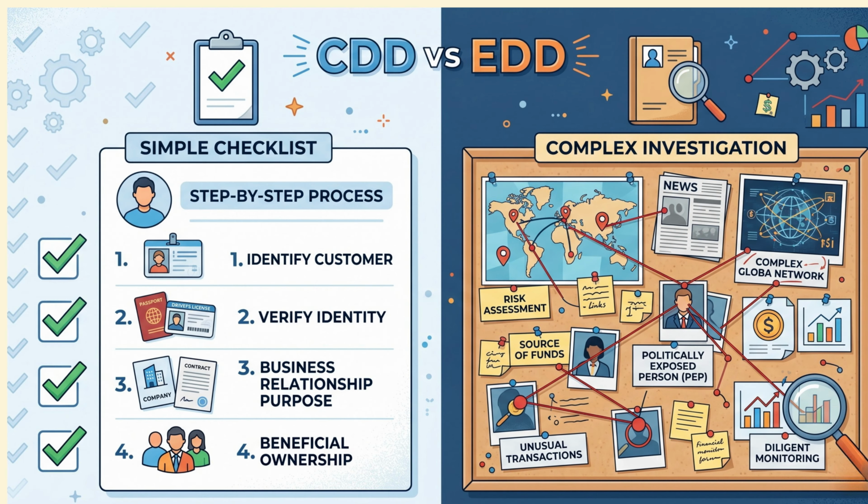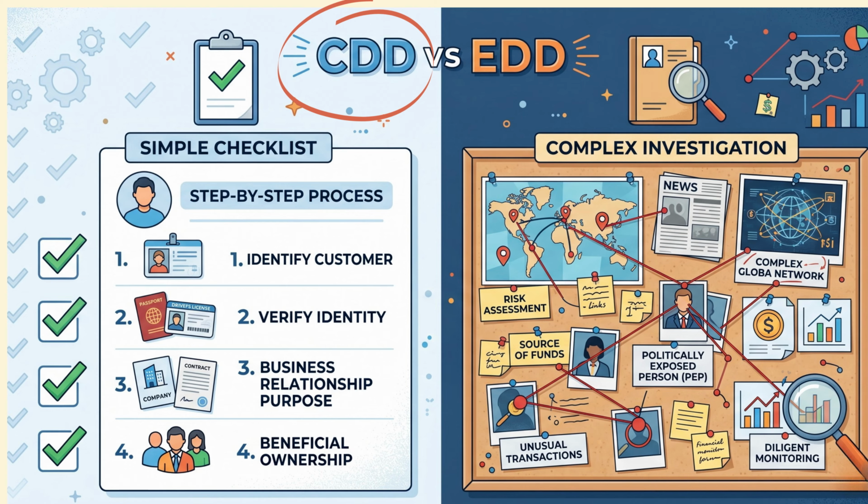In AML compliance, not all customers are treated the same. Some can be assessed with standard checks while others require a much deeper level of scrutiny. Customer due diligence, commonly known as CDD, is the foundation of any AML program. It is the process applied to every customer at onboarding by default.